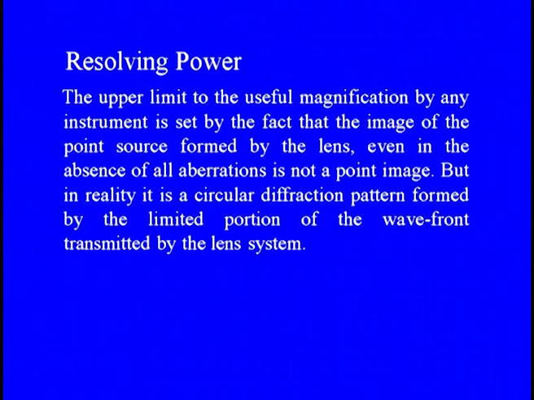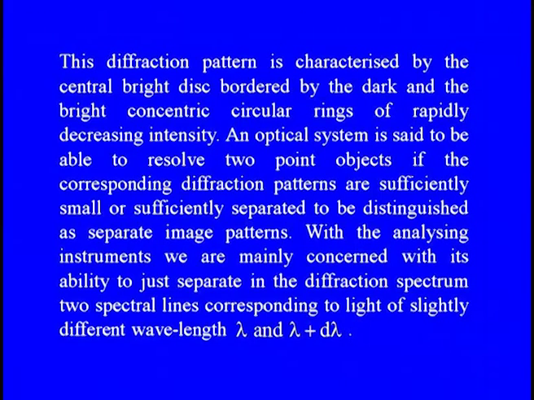In reality it is a circular diffraction pattern formed by the limited portion of the wavefront transmitted by the lens system. This diffraction pattern is characterized by a central bright disk bordered by dark and bright concentric circular rings of rapidly decreasing intensity.